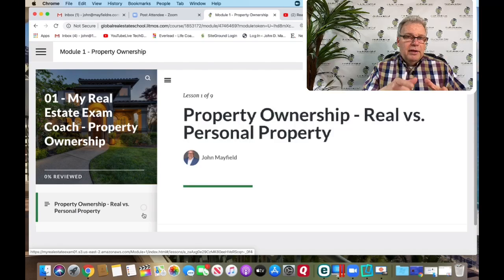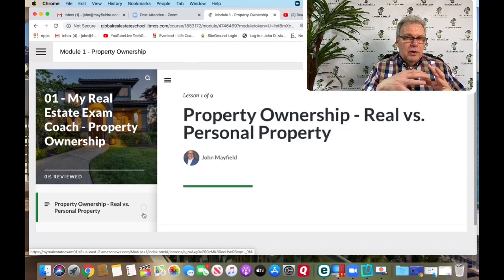And so now they can go right into My Real Estate Exam Coach, study that topic, and they've got the information right in front of them. So it's good for those folks who haven't passed the test and did poorly in a specific chapter or module, because it can help you prepare for the next time you take the test for that specific area. And so this is very interactive.